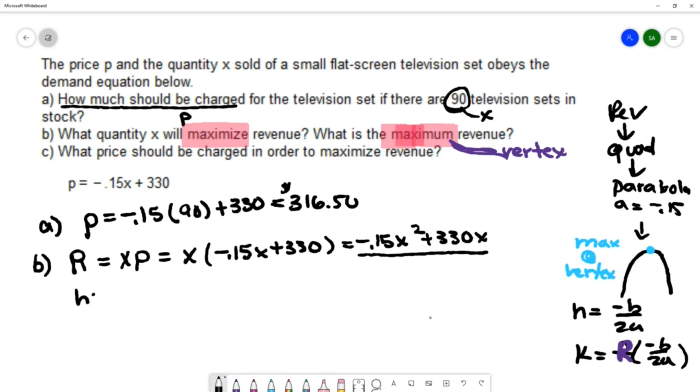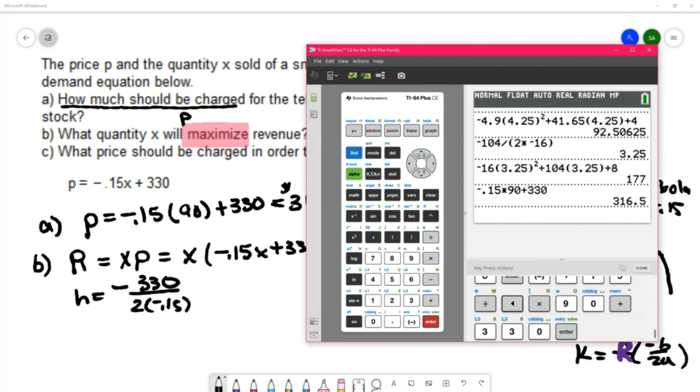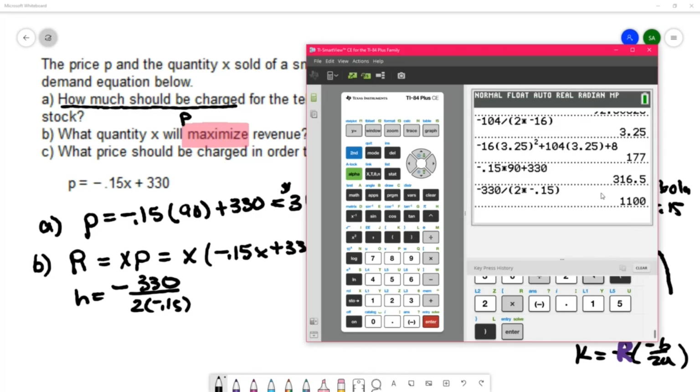So h is negative b, that's negative 330, over 2 times a, negative 0.15. Now let's use that calculator. We have negative 330 over, let's use parentheses, 2 times negative 0.15. So we get 1100.